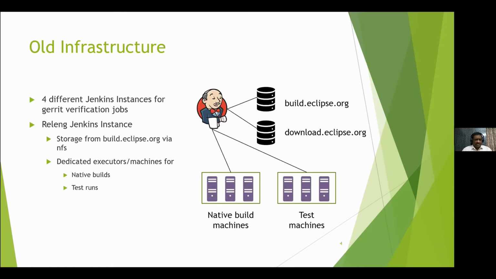So here, if you see, the native builds are SWT native code as well as launcher native code builds. These machines are used only 15 minutes per week. Here, we used to waste a lot of resources. Similarly, the test run takes about 8 hours per day.